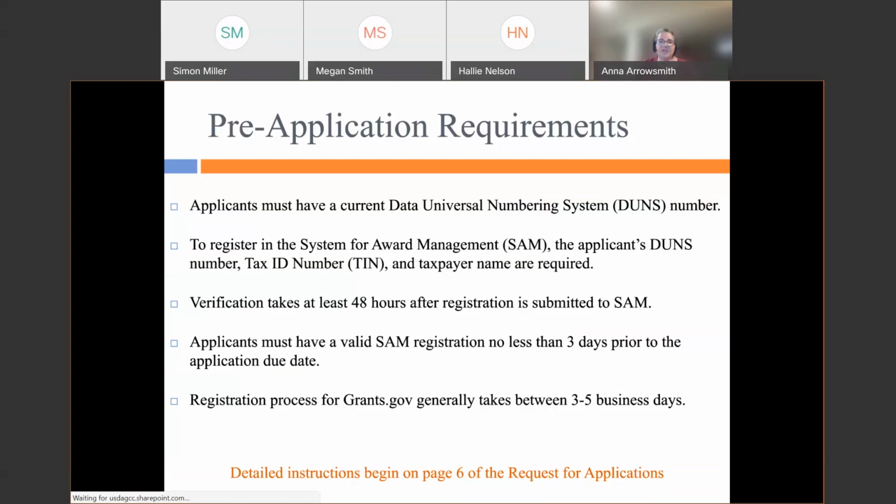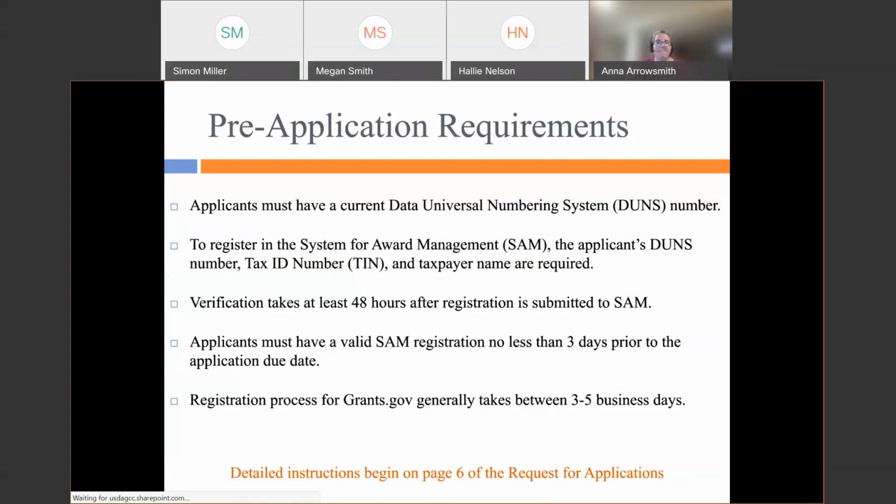And then once you register at sam.gov, that adds at least 2 more days to the process. And you have to have a valid SAM registration at least 3 days prior to the application due date. Then, once you're set up in SAM, you're going to need to register with grants.gov, which can take an additional 3 to 5 business days.